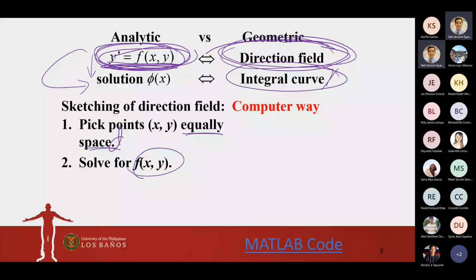And we will use that information to draw a line element. The line element, again, is a small line whose slope equals f of x, y.